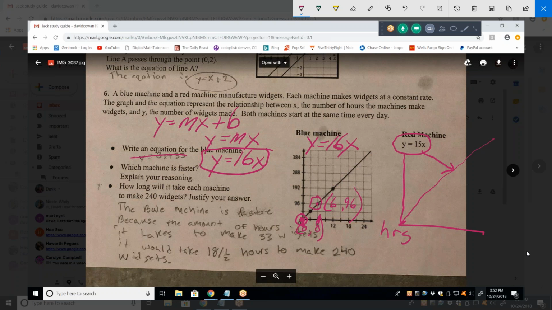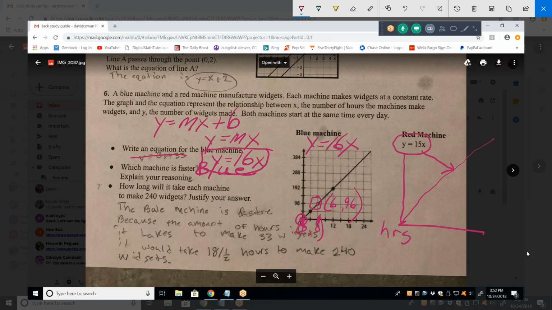The red machine is y equals 15x. We've already figured out that faster means steeper slope. So blue is the faster machine. Explain the reasoning. The only thing you have to say is it has a steeper slope. It's got a slope of 16 versus a slope of 15.